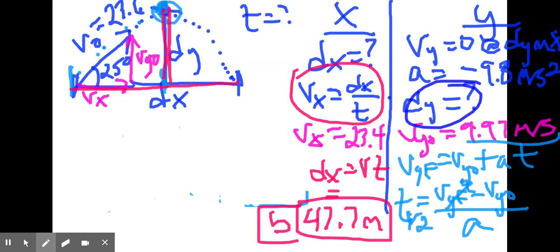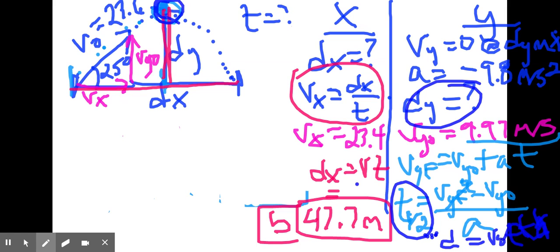So make sure you're using this value, not time. Okay, so make sure you're using the 1.02. Because again, we're looking at how high Captain Kirk went, the maximum height, and that happened at time 1/2. So make sure that you only use time 1/2 if you use the d equals v naught t plus 1/2 at squared equation, etc., etc.